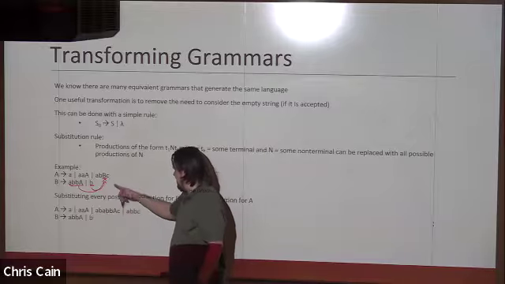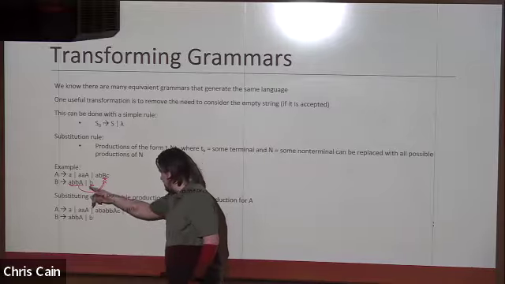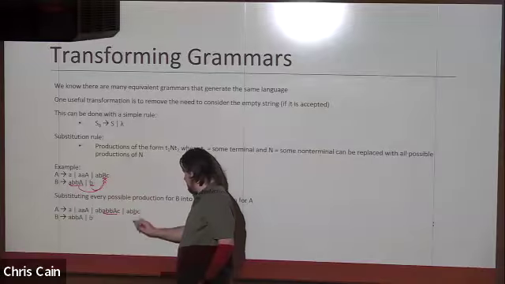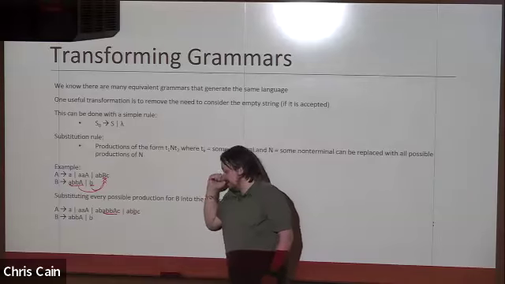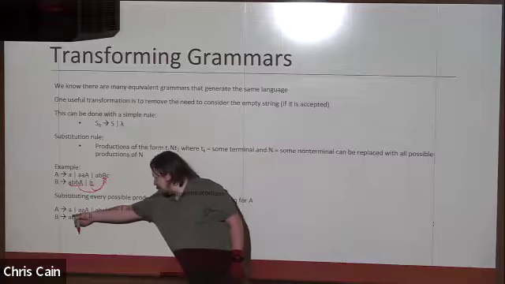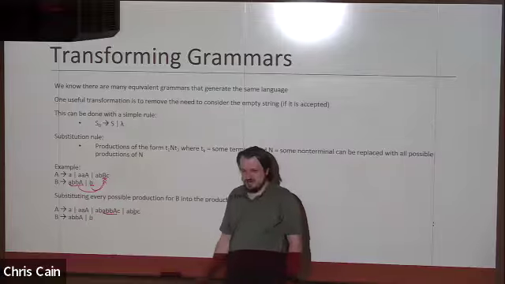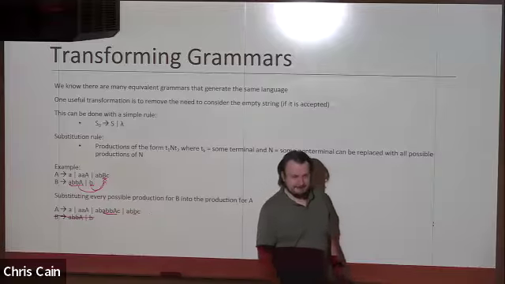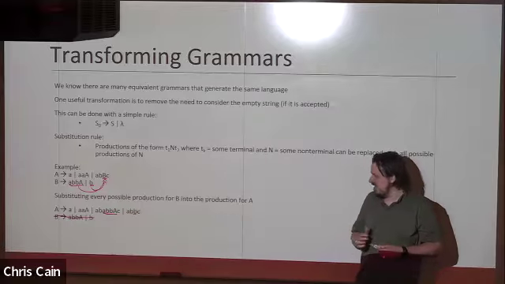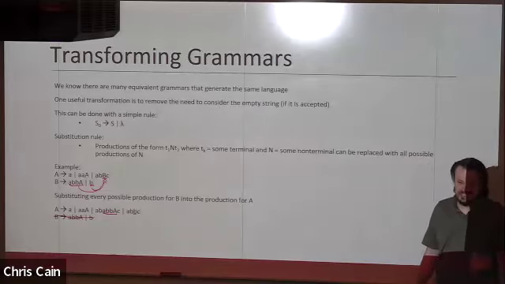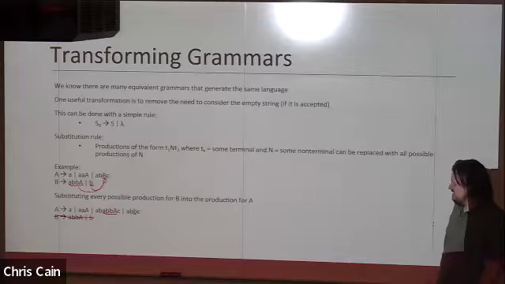We see that this B was replaced with capital A there, and this B was replaced with B there. And now this capital B appears nowhere in this grammar, so this rule is useless. It's an equivalent grammar, so just remove it. So this is the substitution rule.